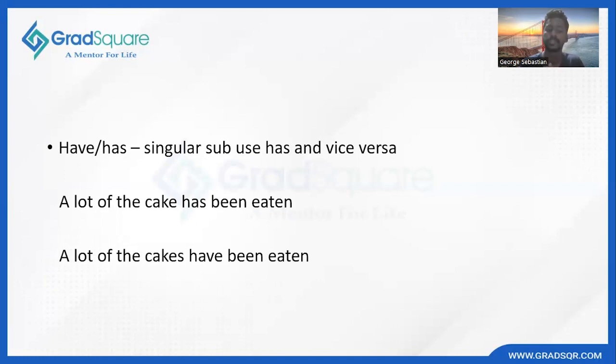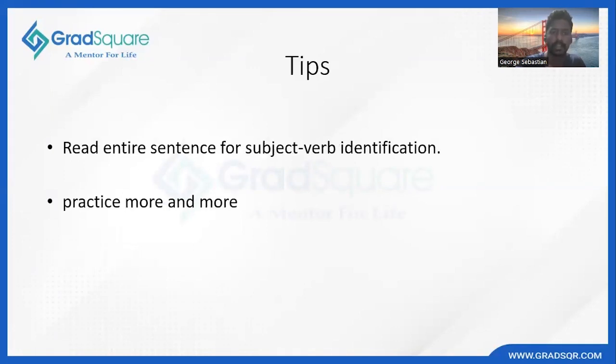So we have to use has, which says, a lot of the cake has been eaten. Similarly, when we say a lot of the cakes, the subject is cakes, so it becomes plural. So we have to use have. So the sentence becomes, a lot of the cakes have been eaten. So this is the case regarding the usage of have and has, right?